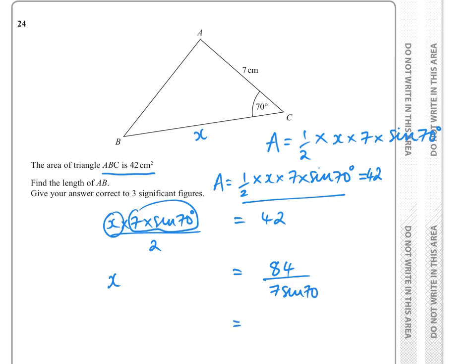on our calculators you do 84 divided by, and please don't forget this bracket, and make sure your calculator is in degrees. So we should have, let's have a look, so we've got 84 divided by bracket 7 sine 70, checking it's in degrees. If your calculator starts a bracket for you when you do your sine function, then just do another bracket and then another one.